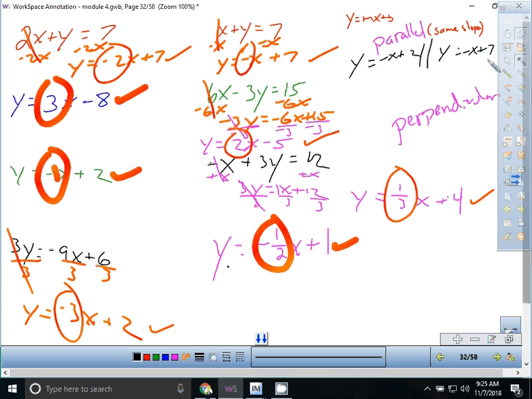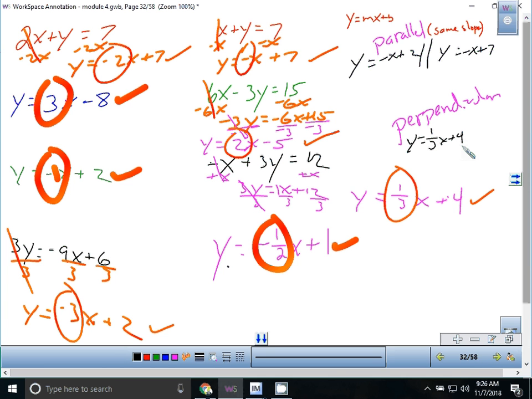So these two, no. Which one? -1/3 x plus 4. 1/3 x plus 4, and which other one? If I take 1/3, if I flip it and change the sign, what do y'all get? You get -3, don't you? So these two right here are perpendicular to each other. So perpendicular would be y equals 1/3 x plus 4, I'm sorry.